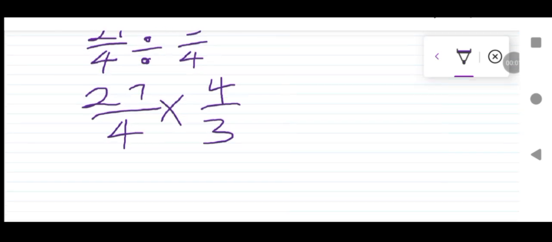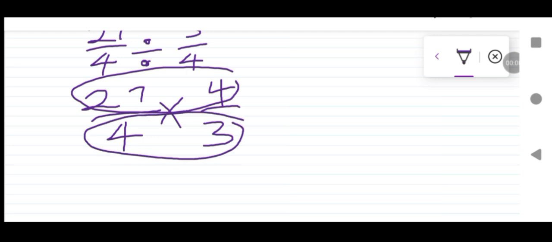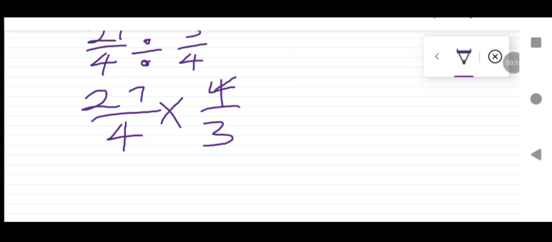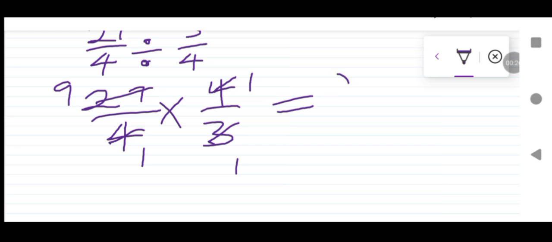Now we check the numerators and denominators for a number that can divide them equally. 4 here 1, 4 here 1, 3 here 1, 3 and 27 gives 9. So we have 9 times 1, which is 9, and at the bottom 1 times 1, which is 1.